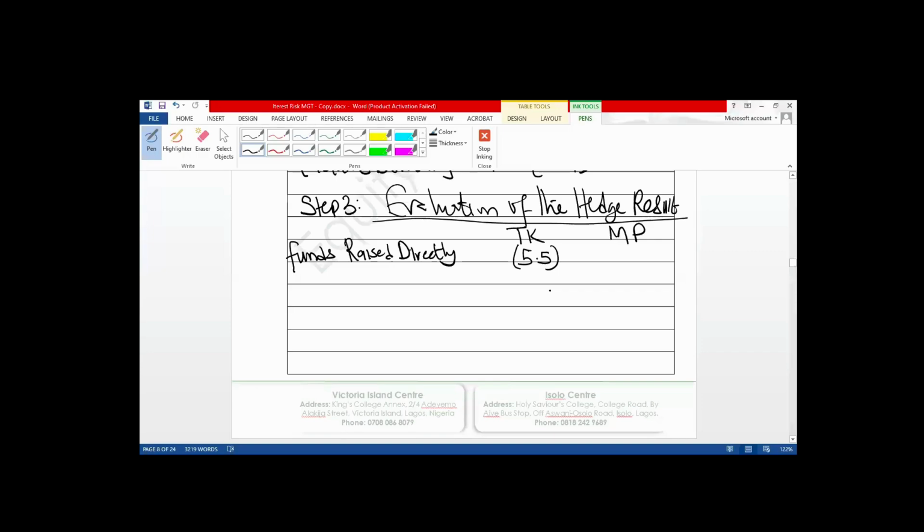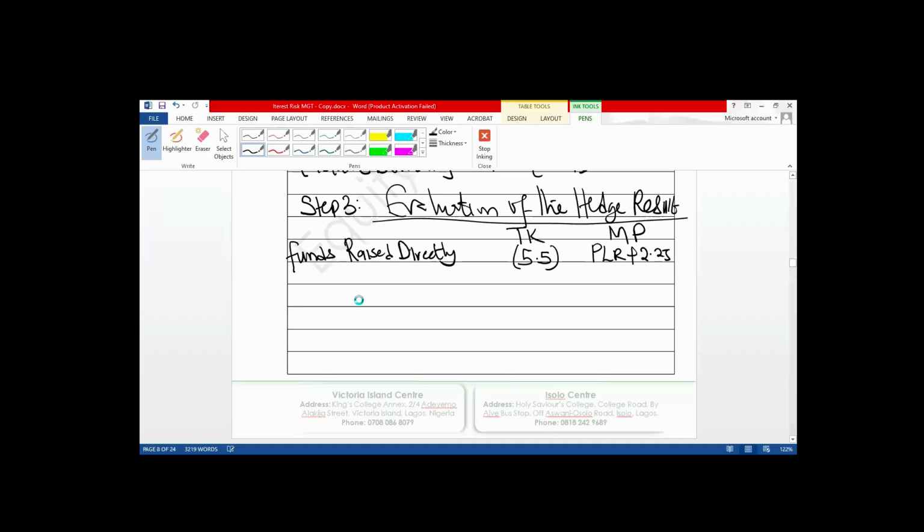Going to swap, we have fixed. If you look at note number 3, we said MP we pay TK fixed rate less share of arbitrage gain. MP we pay 6.375%.